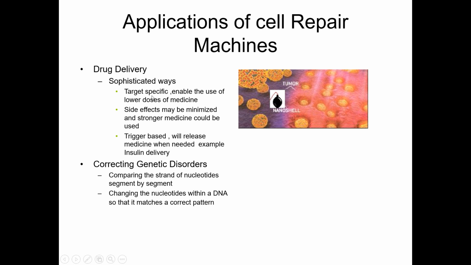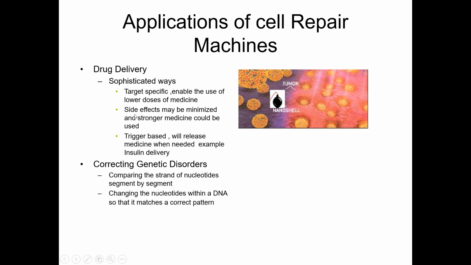One of the most spectacular applications is drug delivery. We have sophisticated ways that are target specific. When we talk about these cell repair machines, being target specific enables the use of lower doses of medicines.